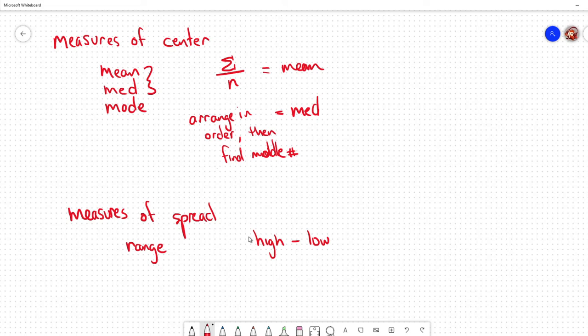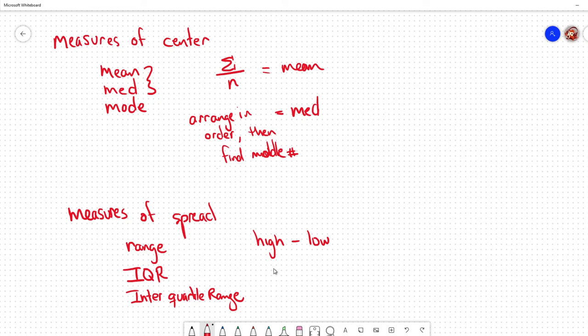That was a very basic way of measuring spread. Then there is what we are going to look at, the IQR, or interquartile range.